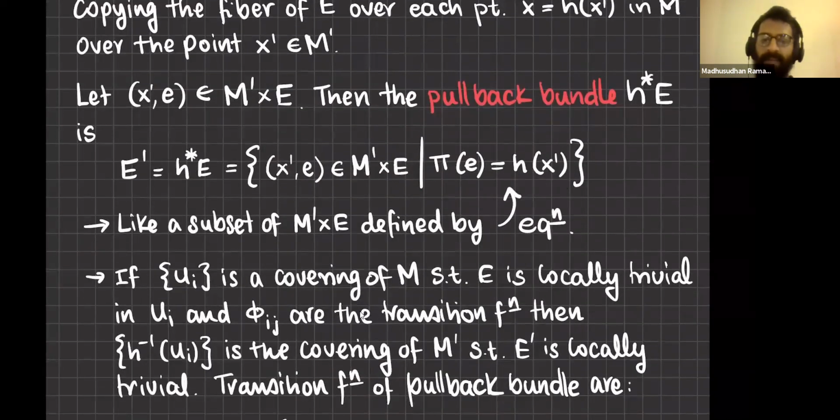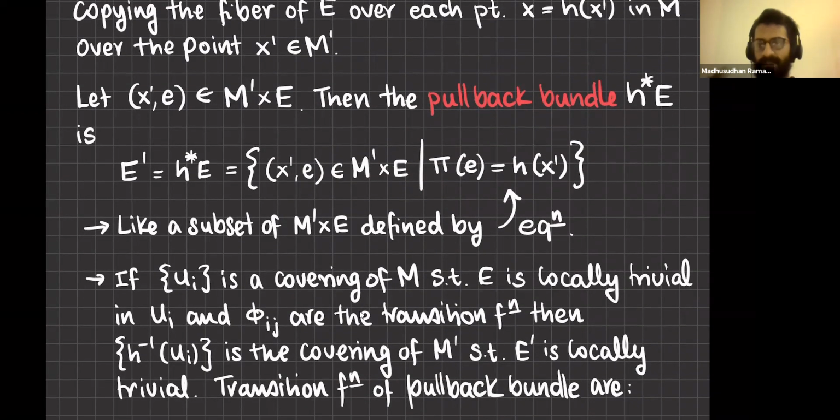Of course, when I define a bundle, I have to tell you what the transition functions are. That's like half of the information. So if U i is a covering of M such that E is locally trivial on the patch U i, and the phi i j's are the transition functions, then h inverse of U i is the corresponding covering of M prime, such that the pullback bundle E prime is locally trivial.